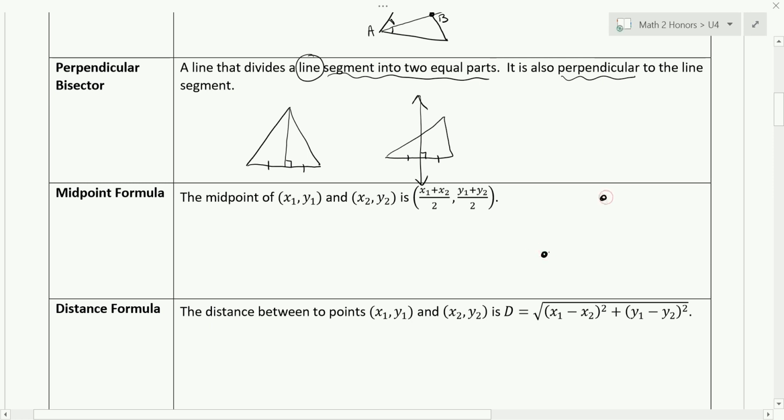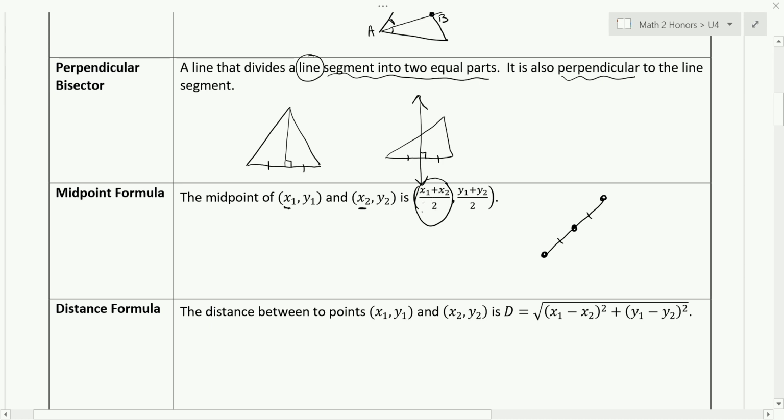The midpoint is the point right in between them, as you guys know. And so it would cut that segment in half. And what's happening in this midpoint formula? If I want to find the midpoint for the x-coordinate, I take the first x value and the second x value, I add them together and divide by 2.